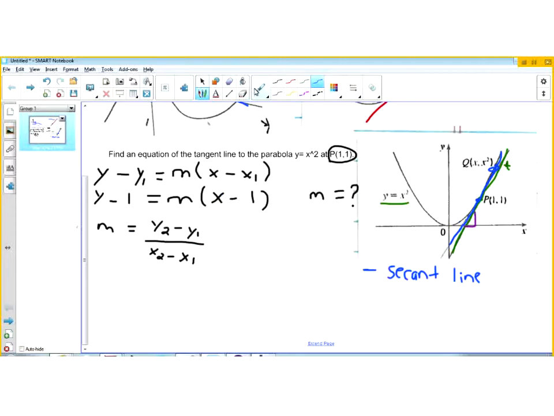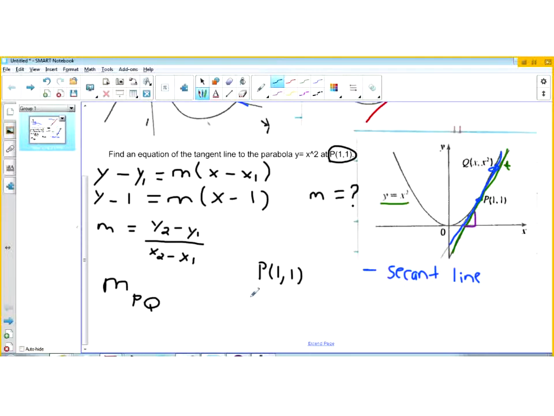So, let's say, for instance, we can calculate the slope of the secant line, MPQ. So when I use these subscripts PQ, that means a secant line. When I write M without subscripts, that typically denotes a tangent line, unless otherwise stated. Okay, so we have the coordinates of P given as (1, 1), right?